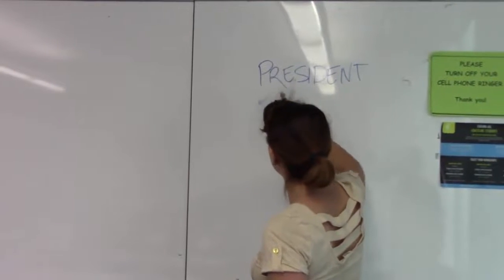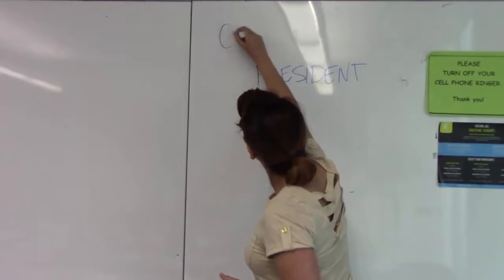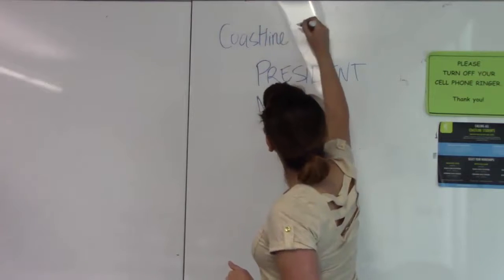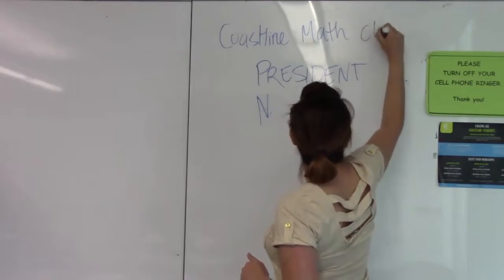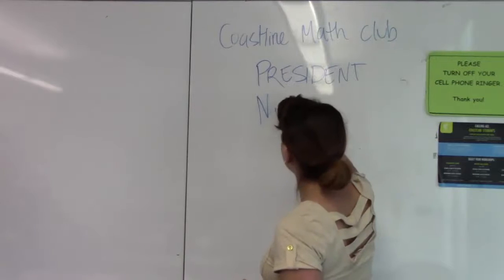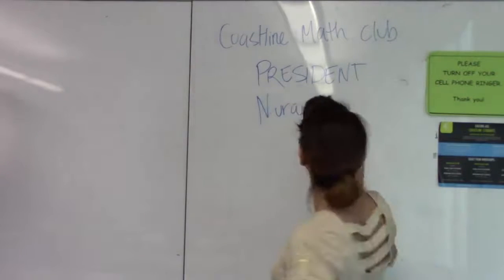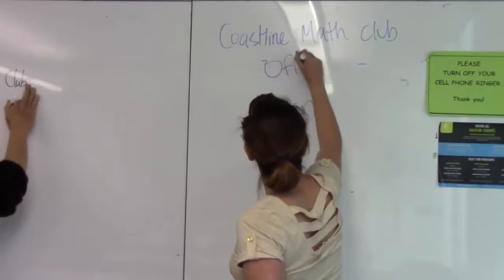The club is called the Coastline Mathematics Club. Okay, that's official, CMC. That means Coastline Mathematics Club. So we have Alex, right? I don't really care about the others, it's just Alex, club only.